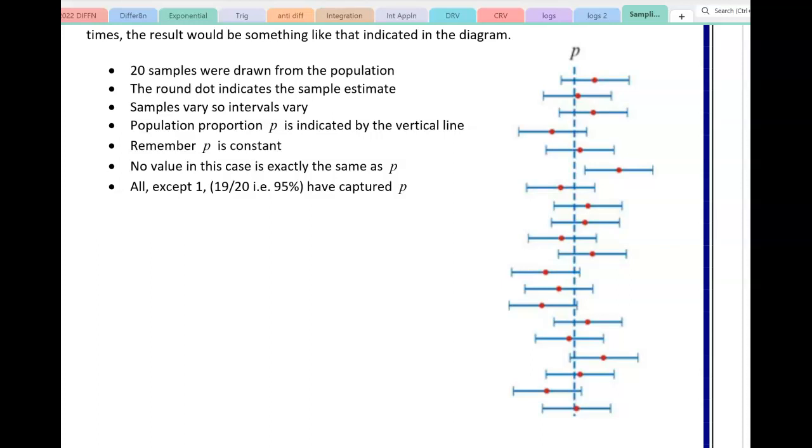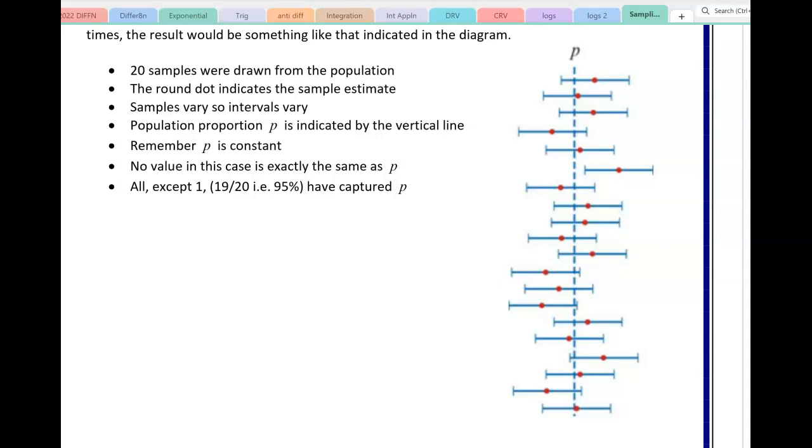So this is showing you we've got 20 samples, and we would expect at the 95% confidence level that 19 out of 20, 95% of 20, captures the population proportion. And you can see all of them capture the population proportion except that one there. So they all capture that population proportion.